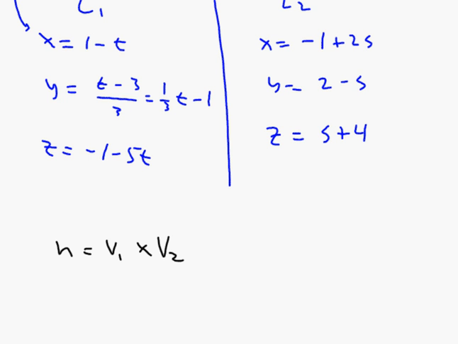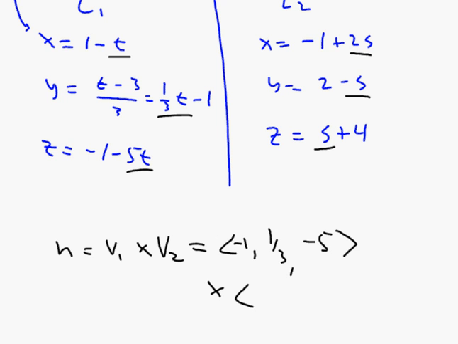So what is V1? V1 is the direction vector of line 1, which has components -1, 1/3, and -5, as you can see right here. Cross V2, which has direction vector 2, -1, 1.